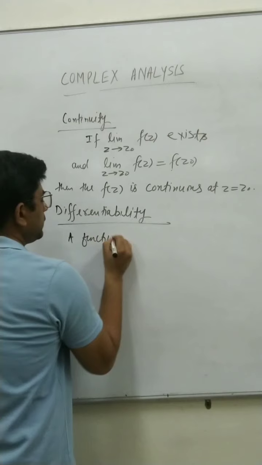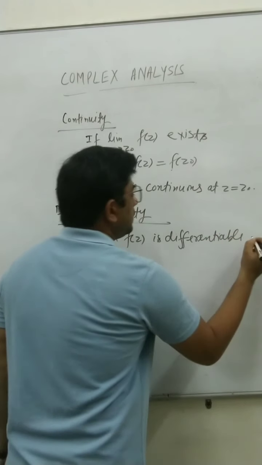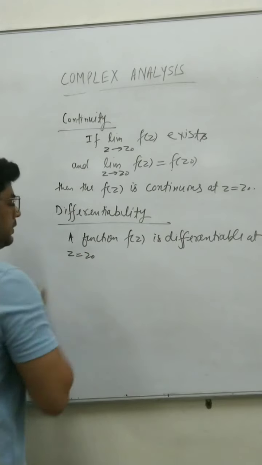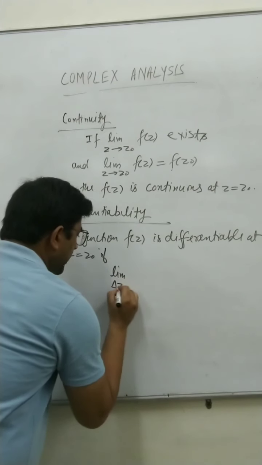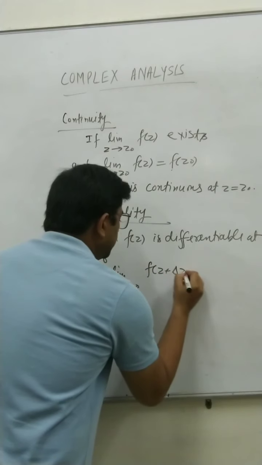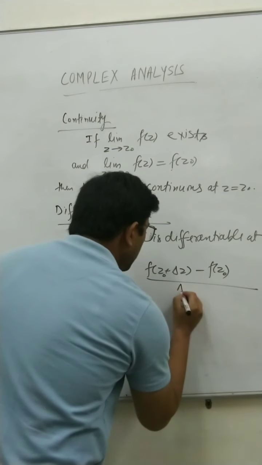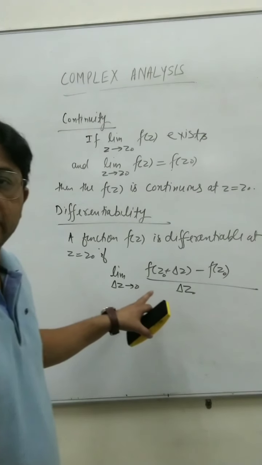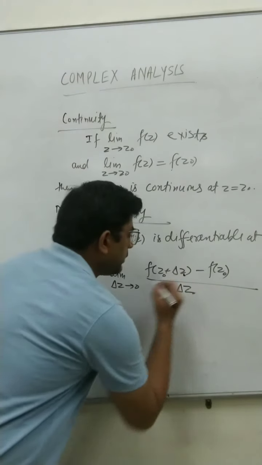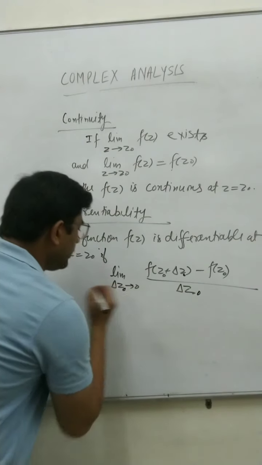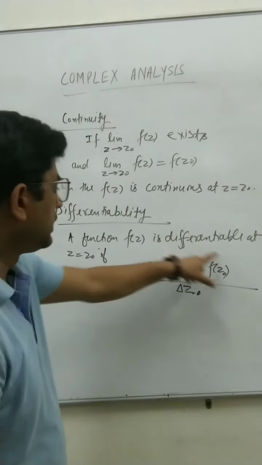A function f(z) is differentiable at z equal to z naught if the limit as delta z tends to 0 of [f(z naught plus delta z) minus f(z naught)] upon delta z exists. We take the difference at the point z naught.